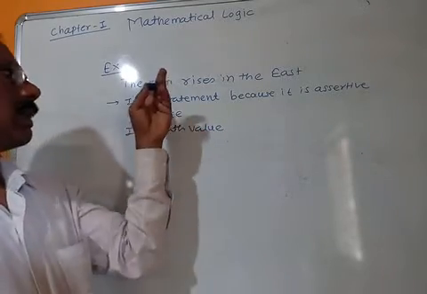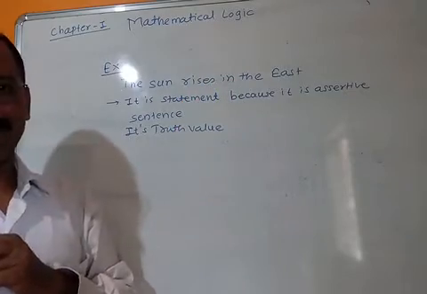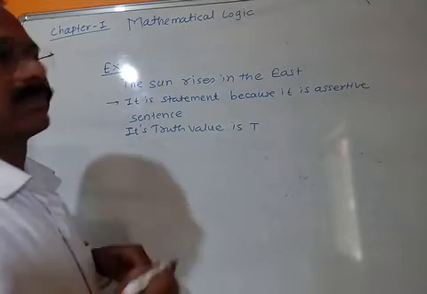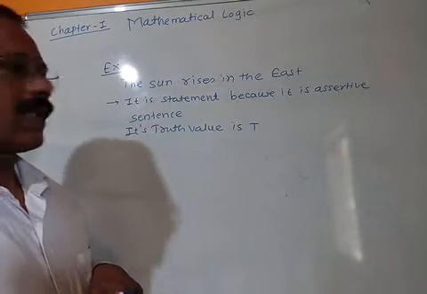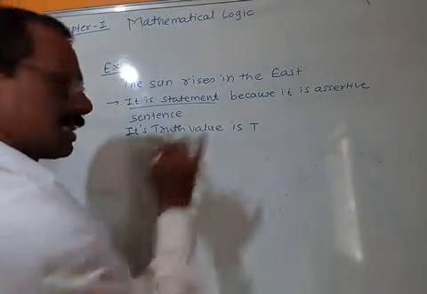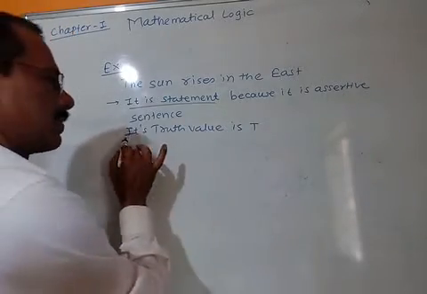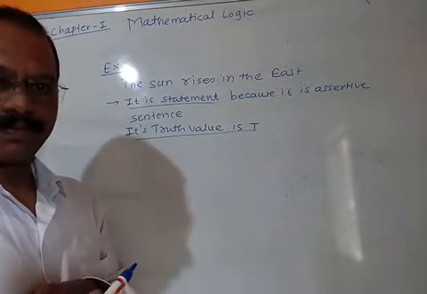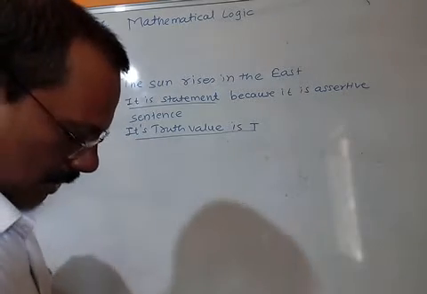True. The sun rises in the east. It is true, so its truth value is T. It is a statement because it is an assertive sentence, and its truth value is T. This is the answer for 1 mark.